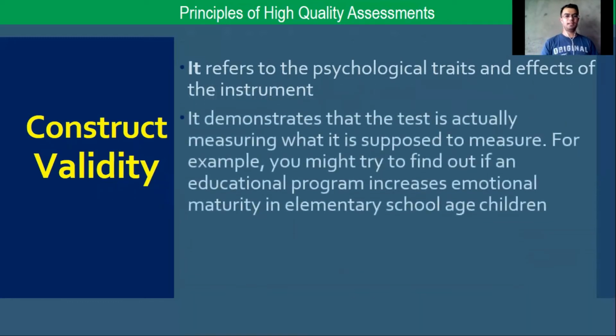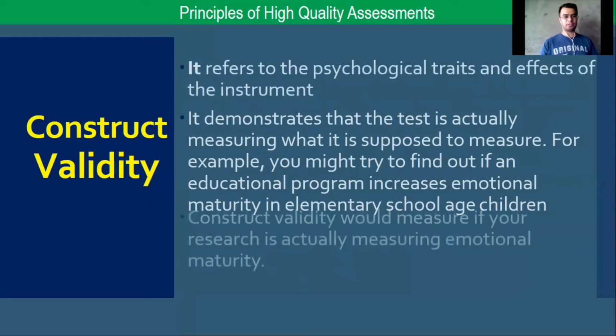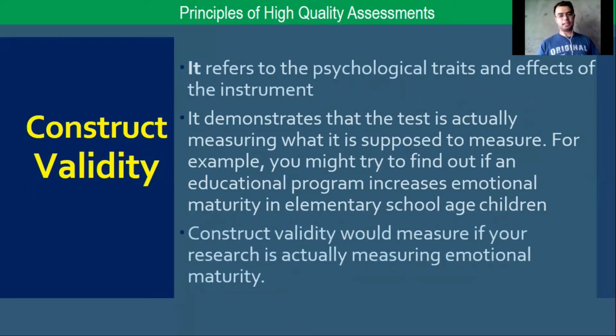For example, it demonstrates that the test is actually measuring what it is supposed to measure. For example, you might try to find out if an educational program increases emotional maturity in elementary school age children. Construct validity would measure if your research is actually measuring emotional maturity. And that is construct validity.